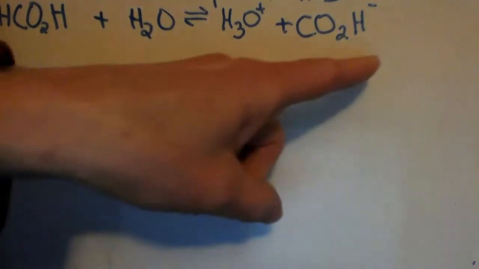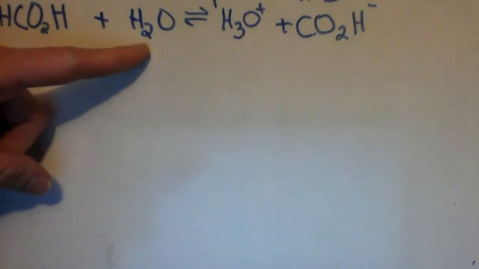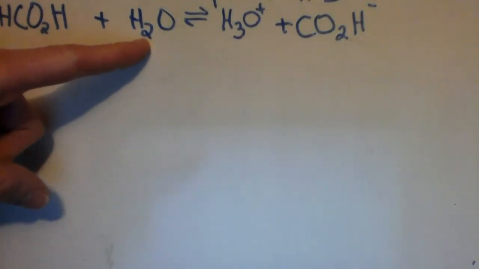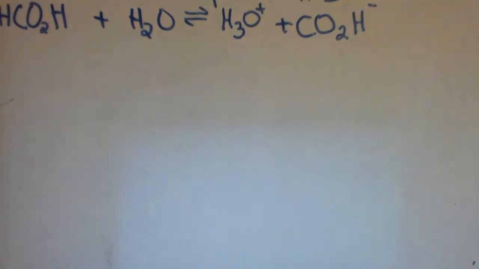In this particular equation, since the water is accepting a proton or a hydrogen ion, the water is acting as a base. We remember from the textbook that water can act as either a base or an acid.